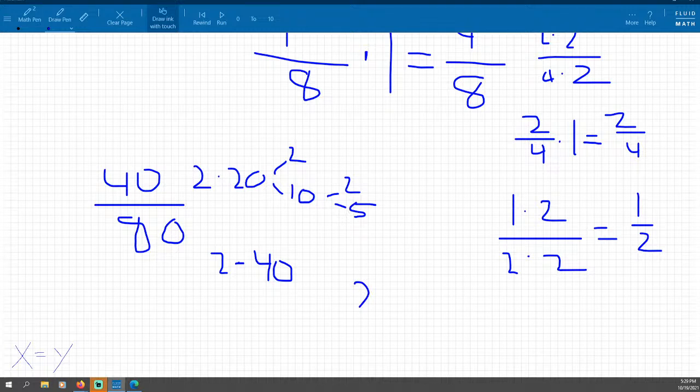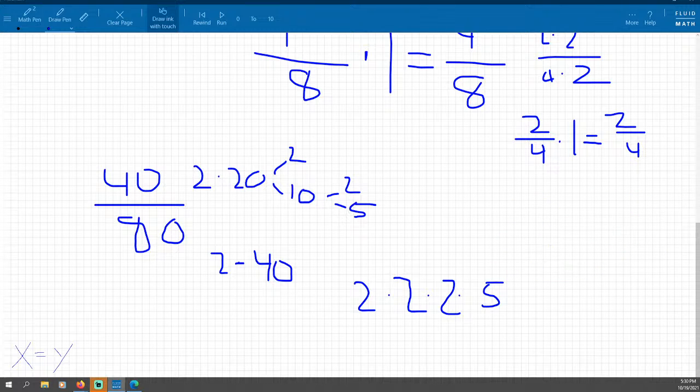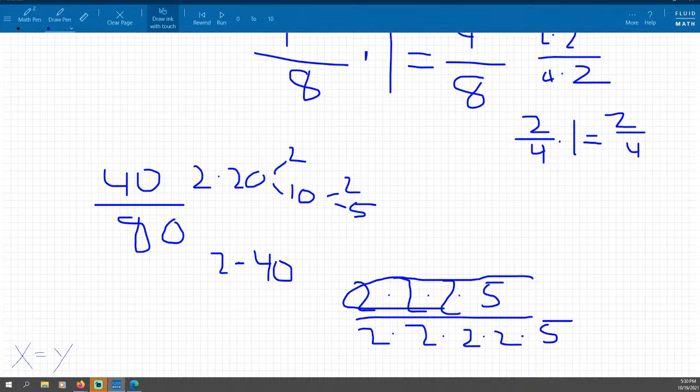So we'd end up with 2 times 2 times 2 times 5 over 2 times, and then this stuff again. So 2 times 2 times 2 times 5. I should have probably lined this up better, but let's line this up better so it makes sense.